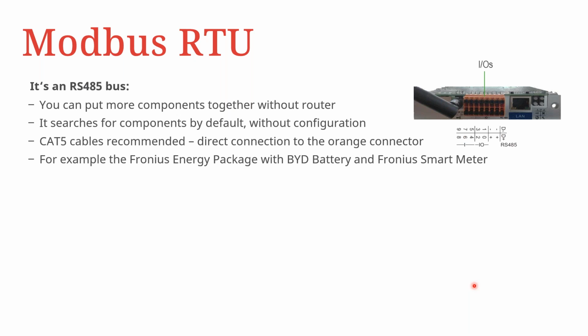A minimum of Cat5 cables is recommended, and then it is possible to have a direct connection to the terminal ports of the communication ports, as you can see in this case. That's the orange connector. So just for an example, the Fronius Energy Package with the BYD and the Fronius Smart Meter can be connected using these ports.